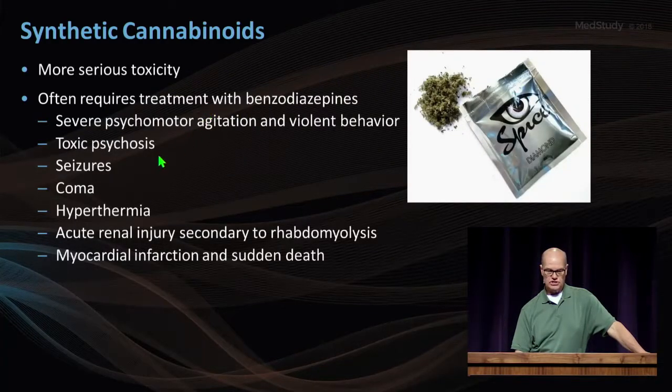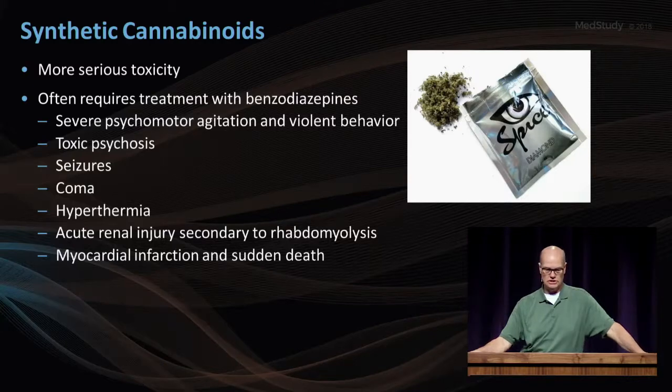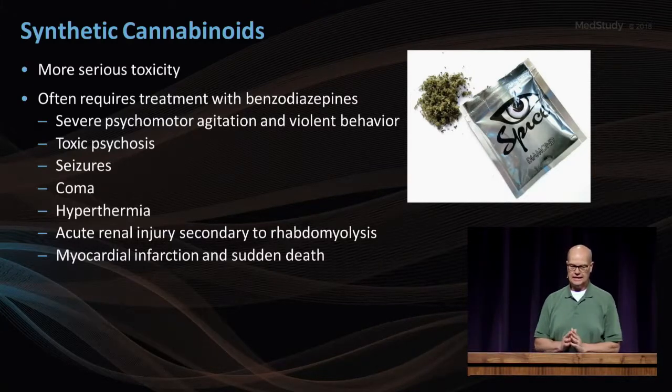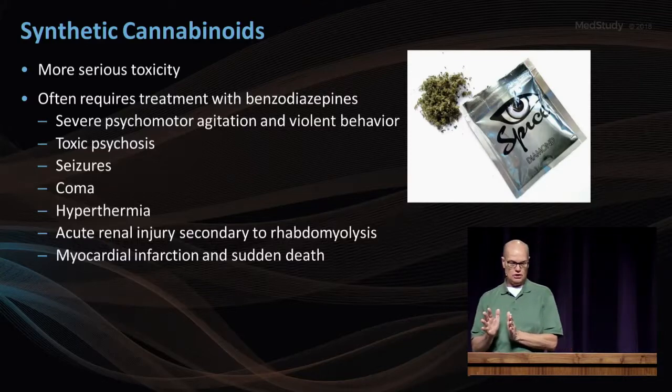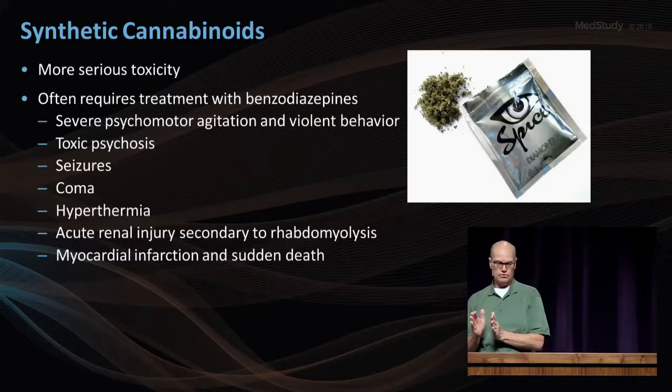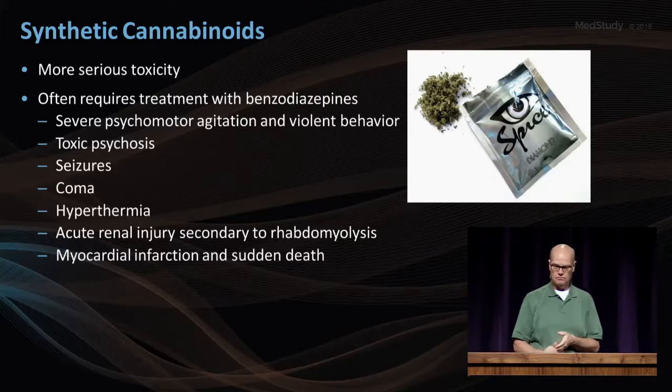And the more serious toxicities in addition to psychosis include seizures and coma, as well as MI and hyperthermia leading to CNS damage. So the synthetic cannabinoids, the buzzwords are psychosis and hyperthermia that you should probably be familiar with for your test.